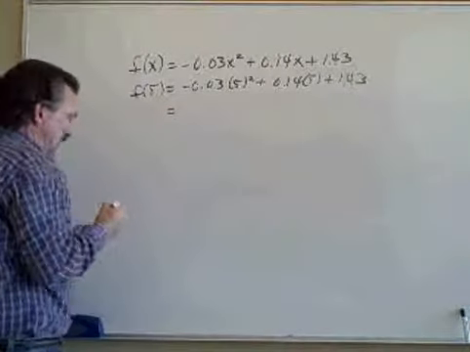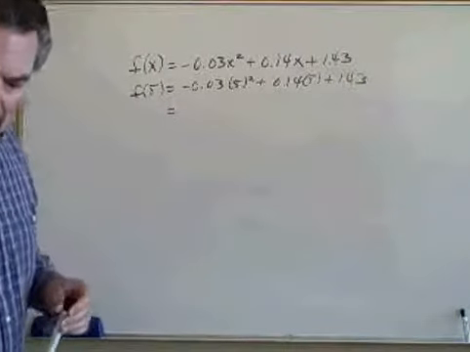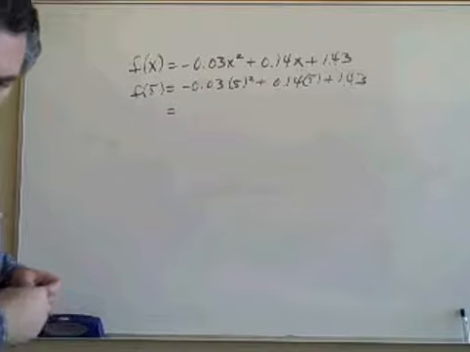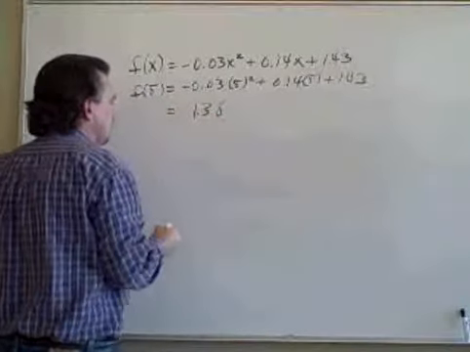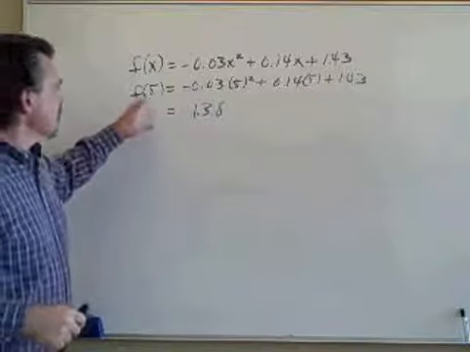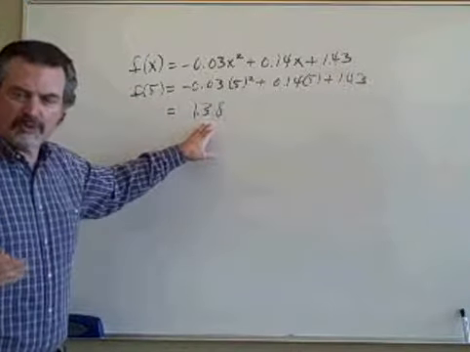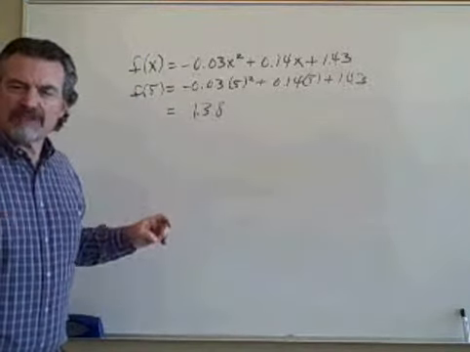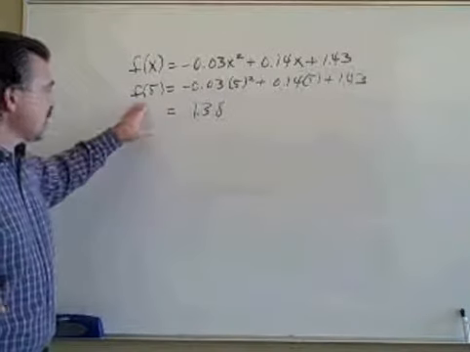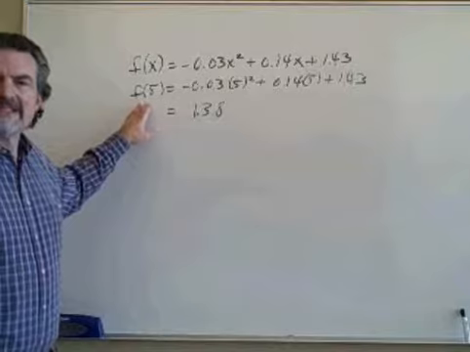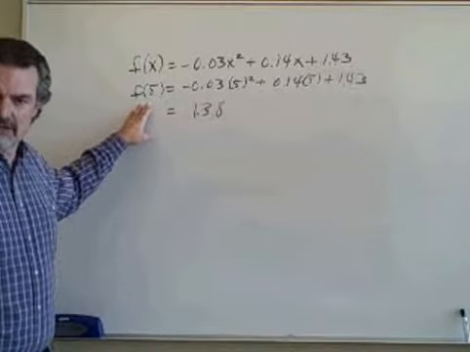And when we do that arithmetic, we get a value of 1.38. So the function's value is 1.38. But remember what the function's unit of measure is. The function's unit of measure, according to our information, is billions of tickets.